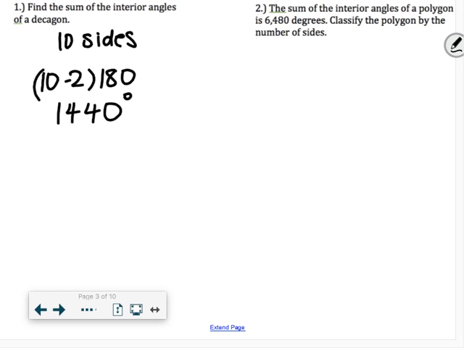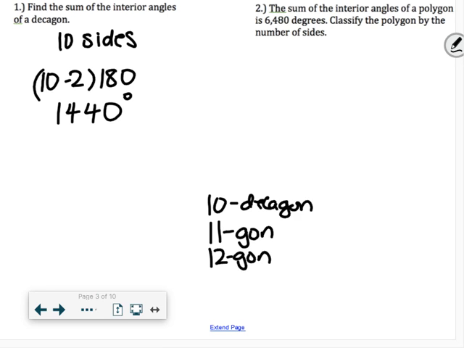If you have a shape with more than 10 sides, so 10 sides up here was decagon, right? If you have 11 or more sides, this is just called an 11-gon. You just put 11-gon, 12-gon.